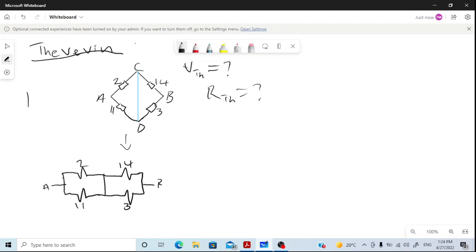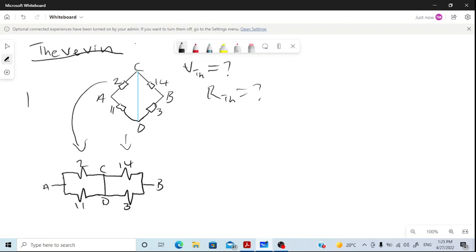And this is point B. So I have simplified this circuit into this. This is CD. Your 2 ohm resistor is connected to point C, and it's also connected to point A. Your 11 ohm resistor is connected to point A and point D. Same applies to the 14 ohm resistor with B and C, and the 3 ohm resistor with B and D.